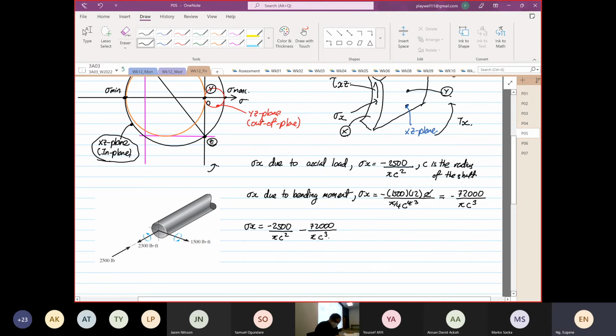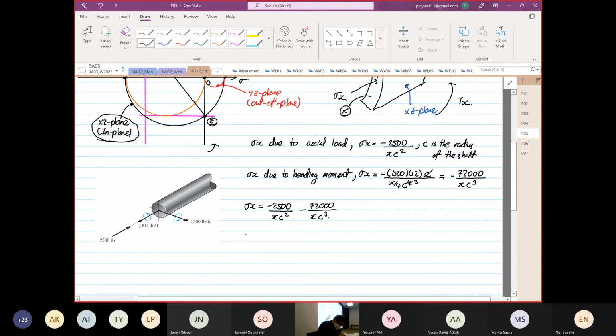Then next, we're going to find the shear due to the torque. So this equation is important. The shear is equal to the torque.